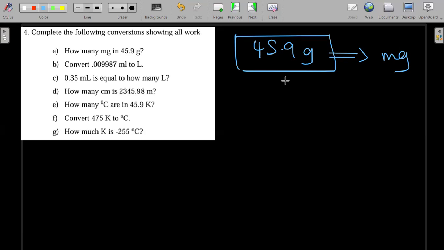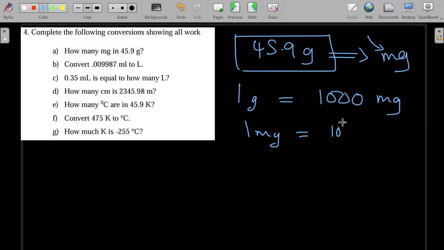So you multiply by 1,000 because the prefix of this will be 10 to the power -3. So you check your metric system, or you can say 1 gram is the same as 1,000 milligrams, or you can say 1 milligram is the same as 10 to the power -3 grams. So this 10 to the power -3 grams is the same as 1 over 1,000. Okay, so you can use any of these two to convert.